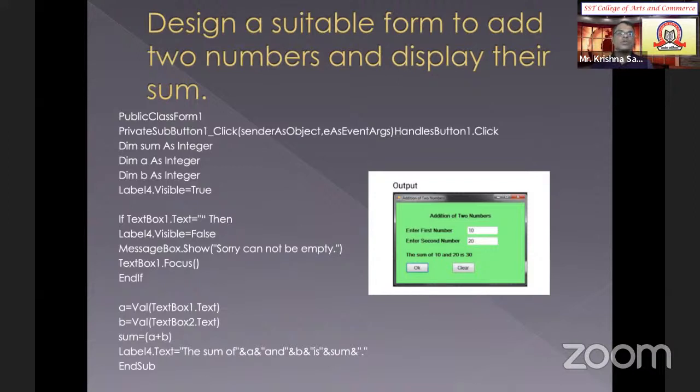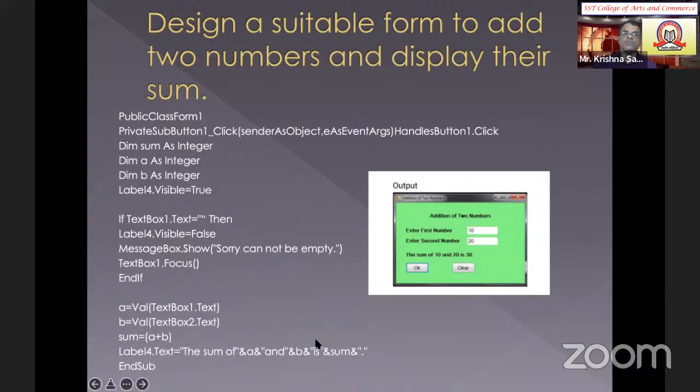So 8 controls I use in this form. Okay, and for coding, for every control I have given some name, and using that name I'm completing this coding part. This is a very simple example of VB.